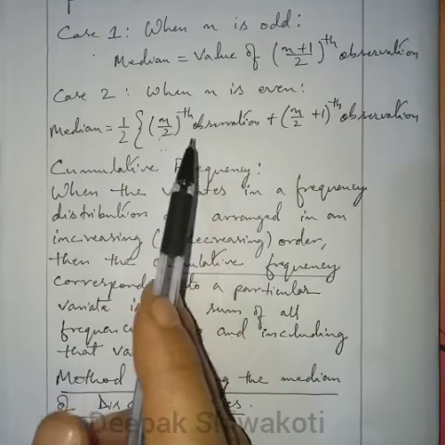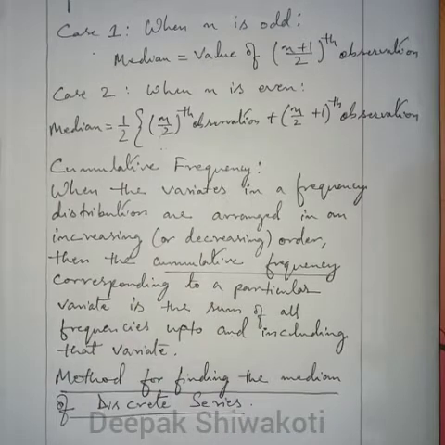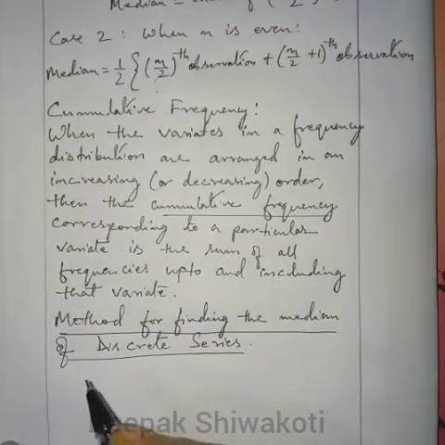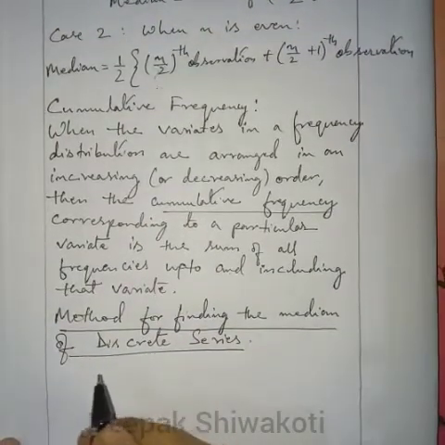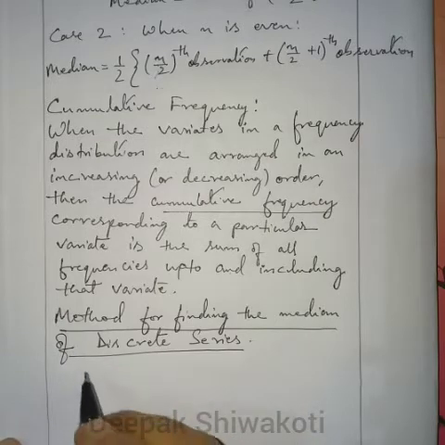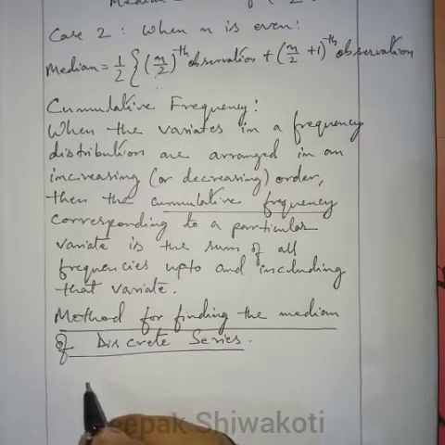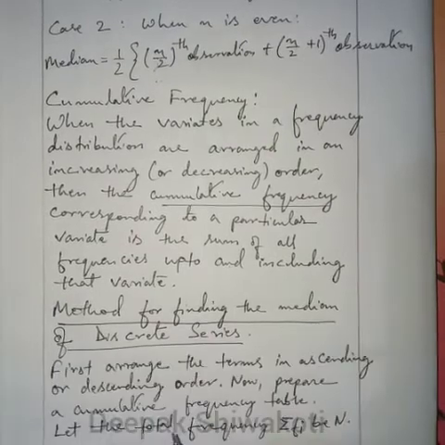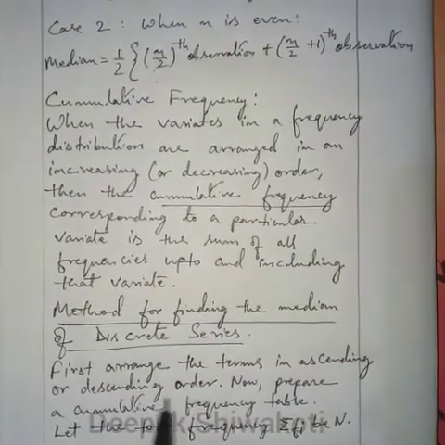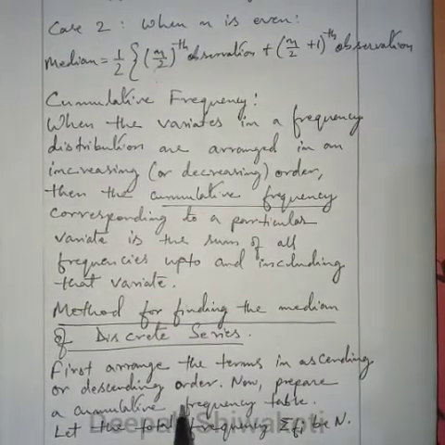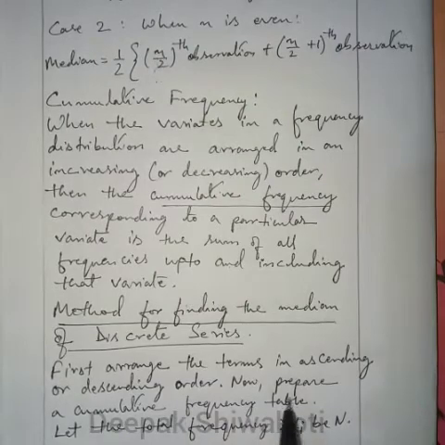So first arrange the terms in ascending or descending order. Now prepare a cumulative frequency table. Let the total frequency, summation fi, be n.